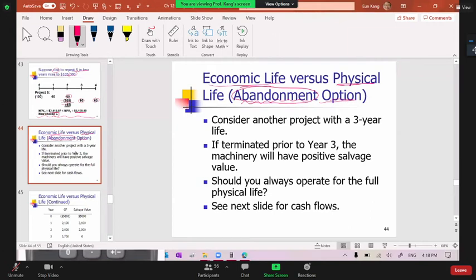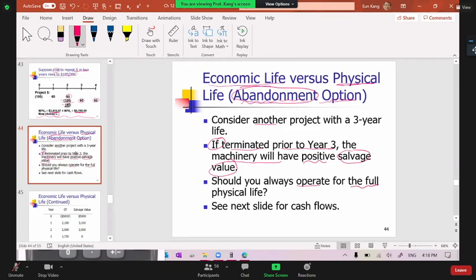So let's say another project with a 3-year life. If terminated prior to year 3, the machinery will have positive salvage value. Don't forget the salvage value. Should you always operate for the full physical life?